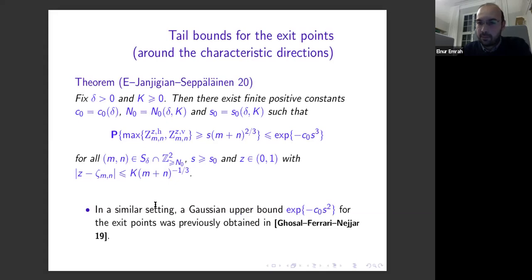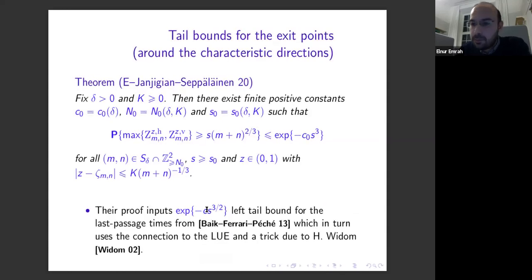There's also a preceding work by Promit Ghosal, Patrick Ferrari, and Peter Nejjar, who obtained a Gaussian upper bound for the exit points in a similar setting. They considered half space LPP bounded by some anti-diagonal, and in that setting one can also define a notion of exit point, and then they obtained this type of a bound. Presumably their arguments can also be adapted to our setting.